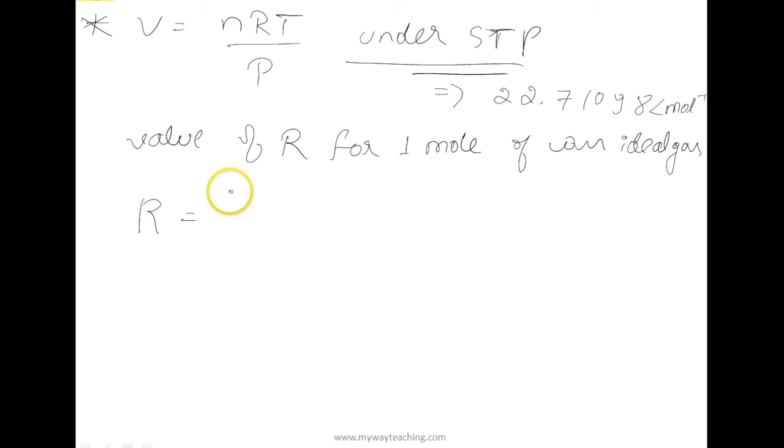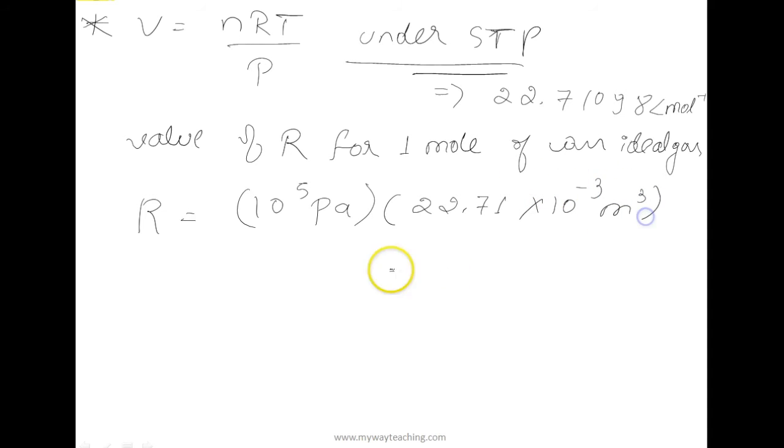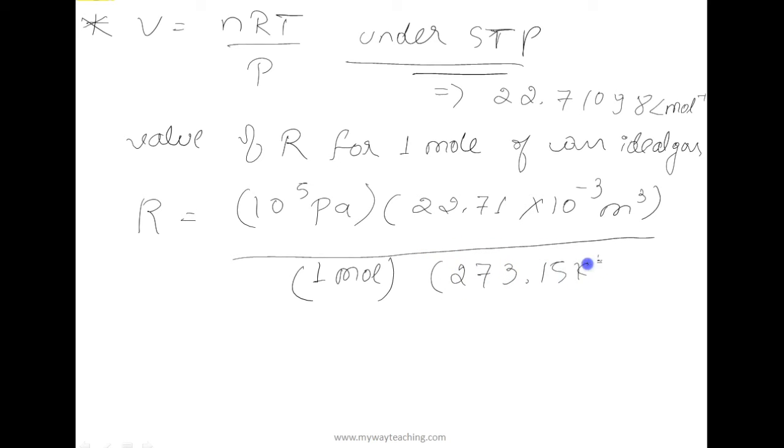R is equal to 10 raised to 5 Pascal into 22.71 into 10 raised to minus 3 meter cube divided by 1 mole into 273.15 Kelvin.